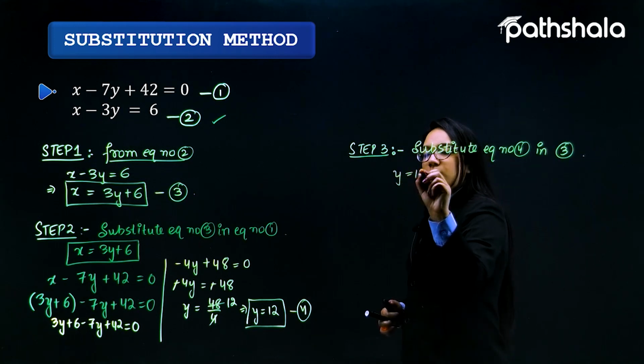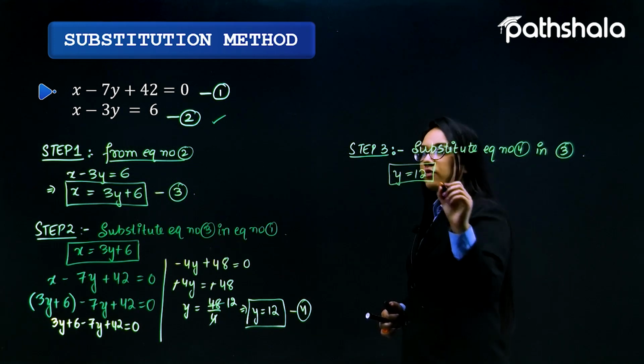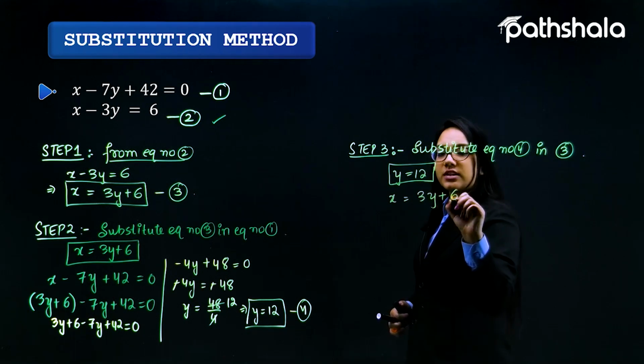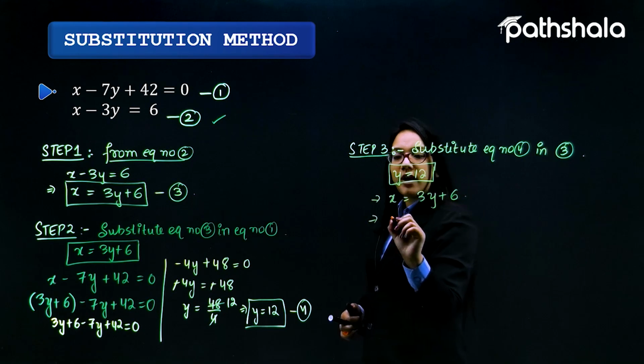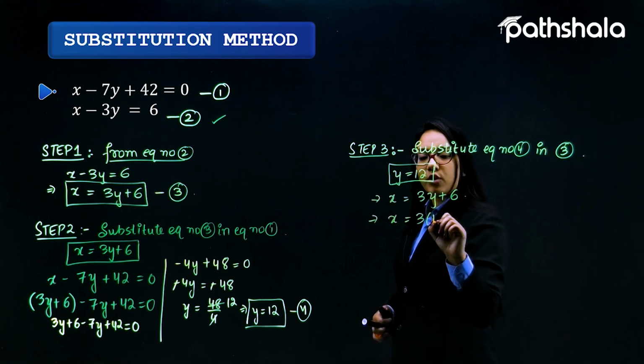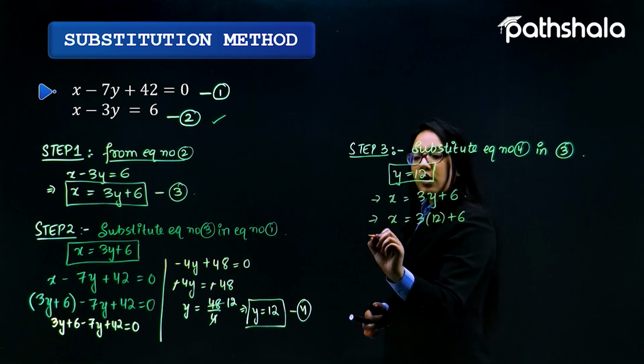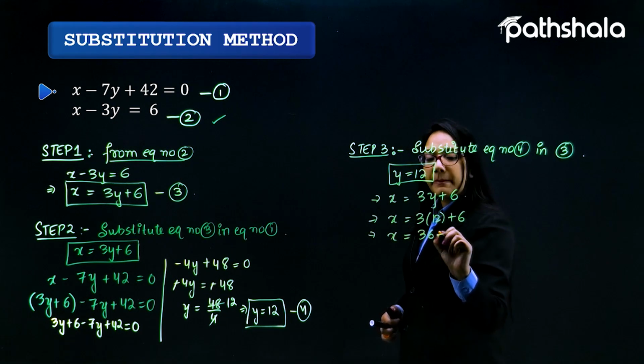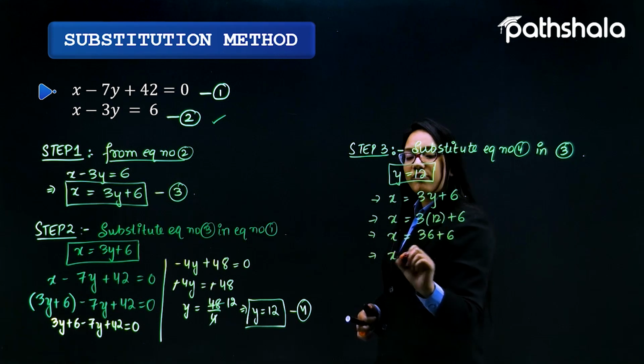As we have y is equal to 12, we substitute y is equal to 12 in the equation x is equal to 3y plus 6. So it would be of the form 3 into 12 plus 6, which means x is equal to 3 into 12, that is 36, plus 6, which is 42.